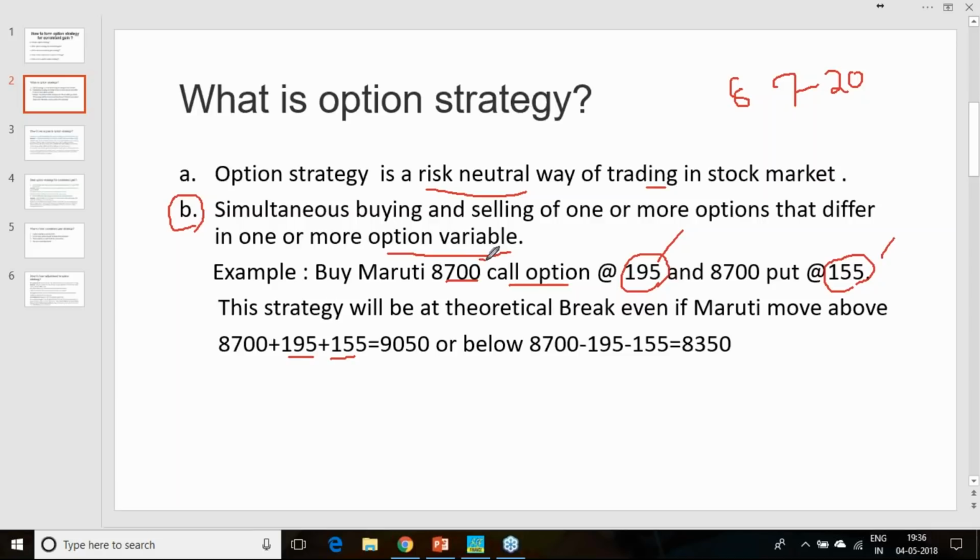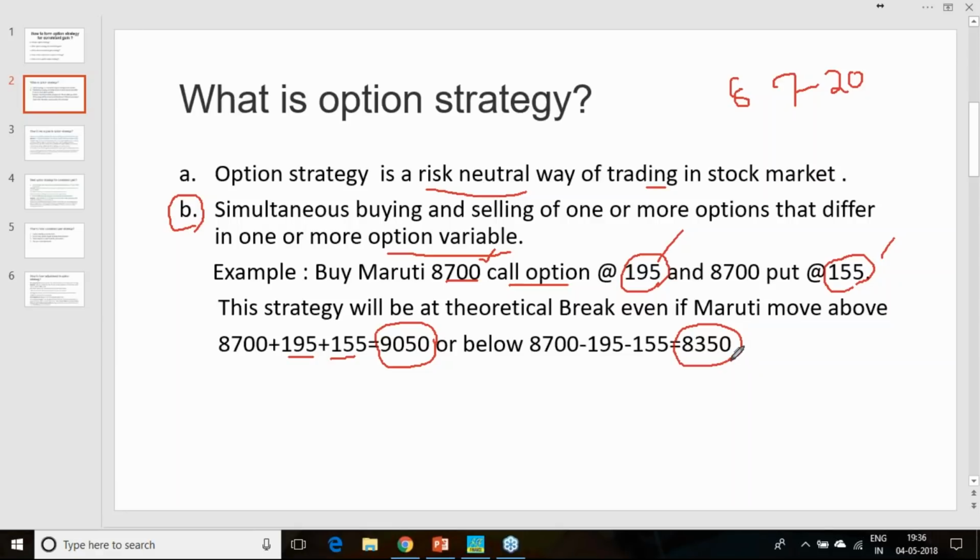You have chosen the same strike. If in the upward direction Maruti moves to 9,050, you will be at break even, no profit, no loss. Above that you will be making unlimited profit. If it goes to 10,000, 10,500, your profit is more. In the same way, till 8,350 on the downside, you are at break even.